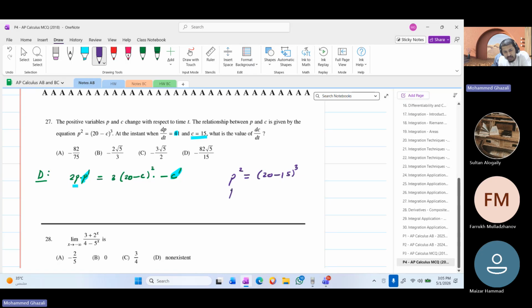So p squared is equal to 5 cubed, which is basically 125, right? So p is equal to 5 root 5. So the value of p is 5 root 5.